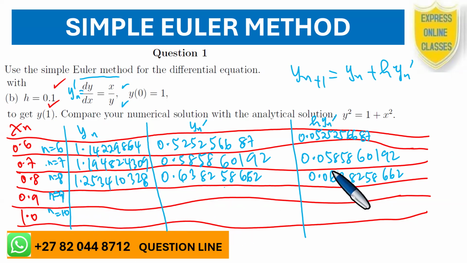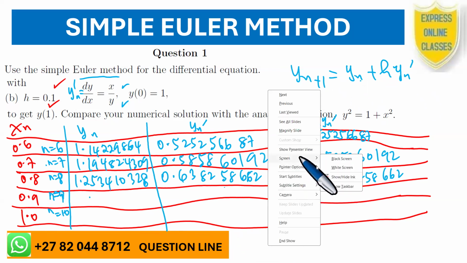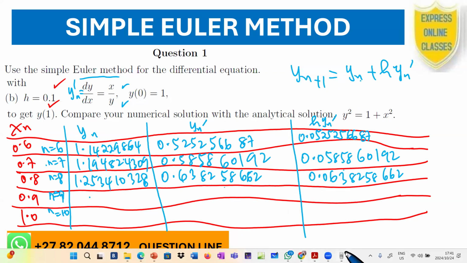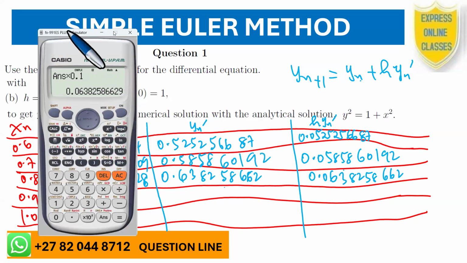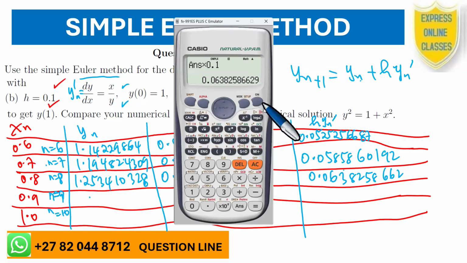We add these together, values that must be put here. So yn plus h yn primed is going to give us yn plus 1, the next. So y8 together with h y8 primed is going to give us y9. So to get y9, the table just simplifies the calculation a little bit so that we have some procedural fluency.